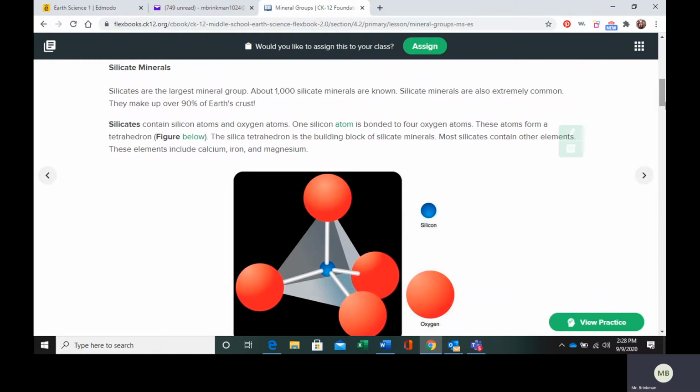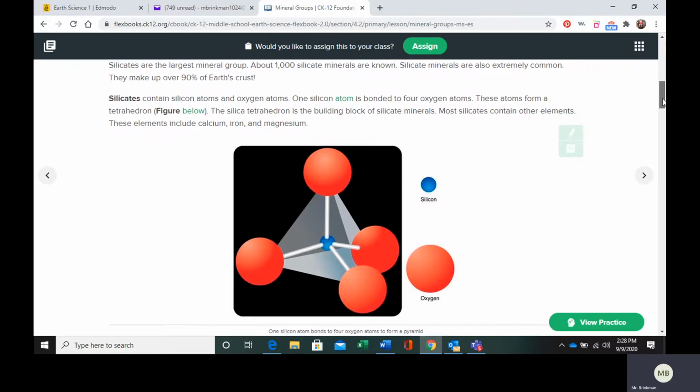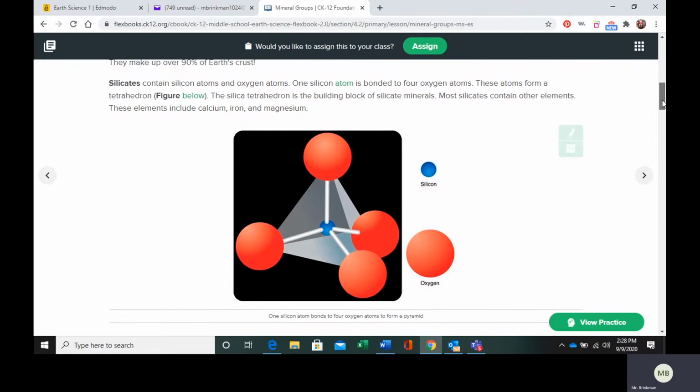Silicate minerals are the largest mineral group. They know about 1,000 silicate minerals. They're very common and they make up over 90% of the Earth's crust. Silicates contain silicon atoms and oxygen atoms.